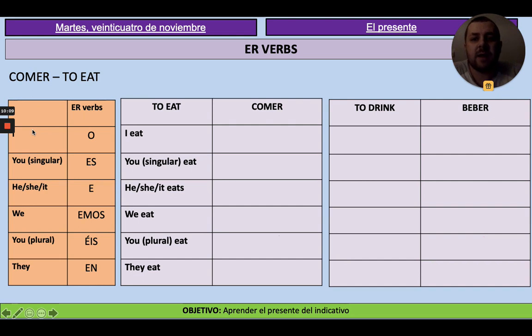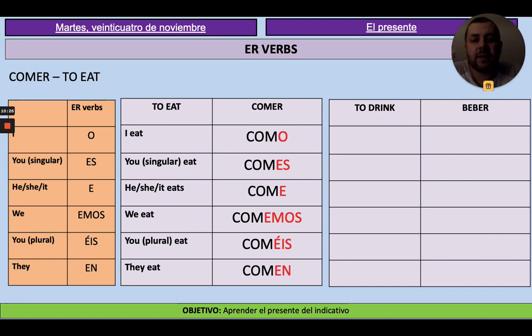So I eat, como. You singular eat, comes. He, she, or it eats, come. We eat, comemos. You plural eat, coméis. And they eat, comen.